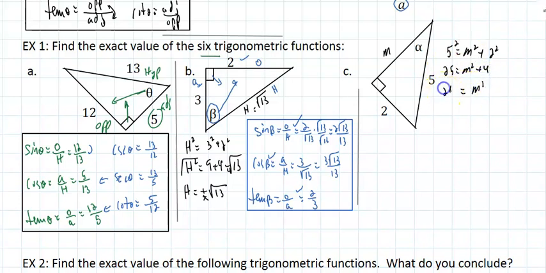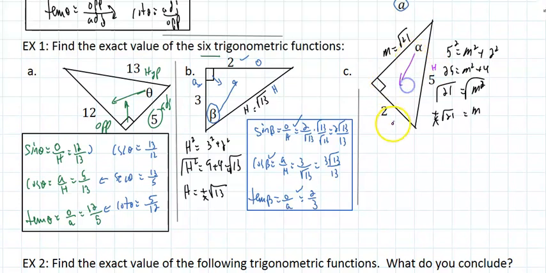M squared equals 21. And when I square root both sides, m would be plus or minus square root of 21. In geometry, length cannot be negative. And there it is. And as far as this angle is concerned, the hypotenuse is 5.